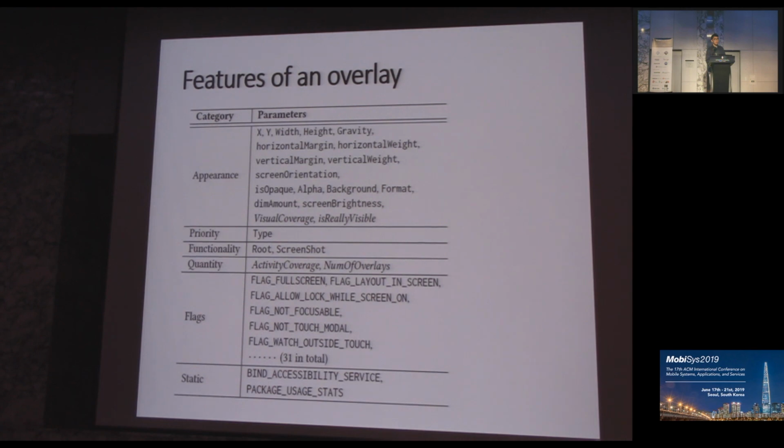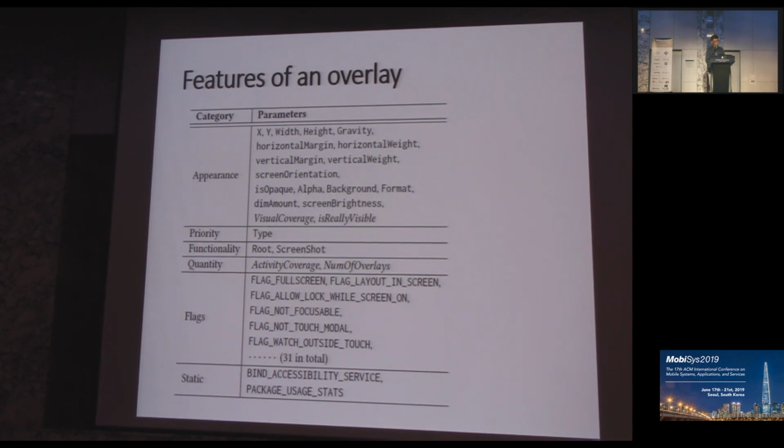First, we find all the features that are related to the overlay. Those features include the category of appearance, for example, the X, Y, width and height of the overlay, etc., and the categories of priority, functionality, and flags, which can determine an overlay's capability. There are two static features which can amplify the capability of the overlays.